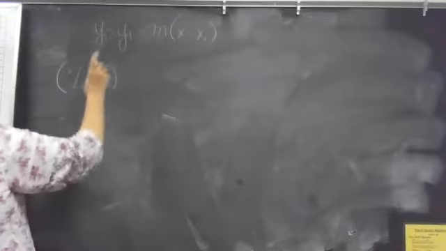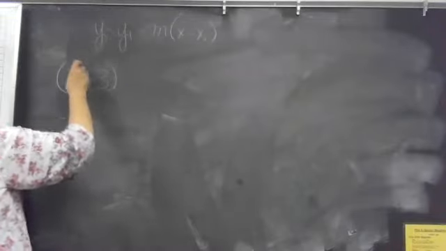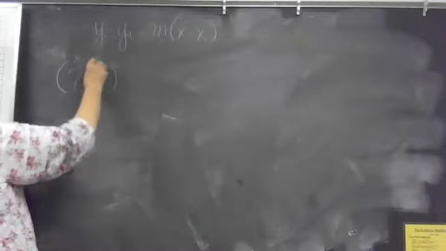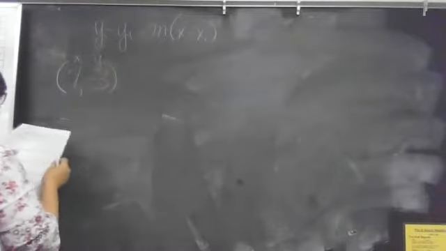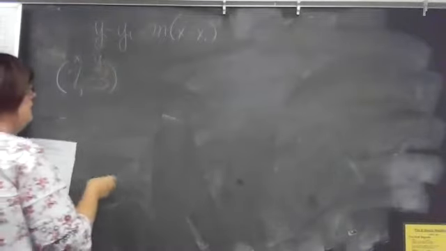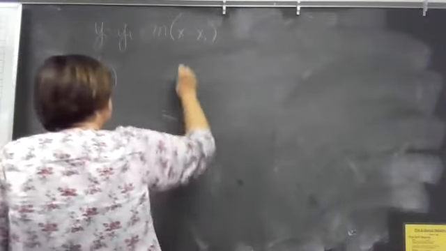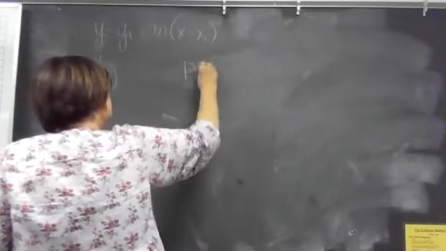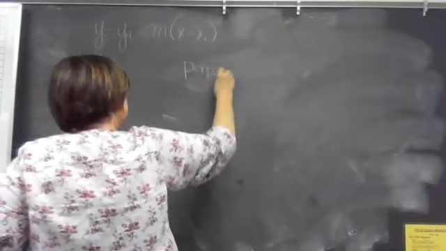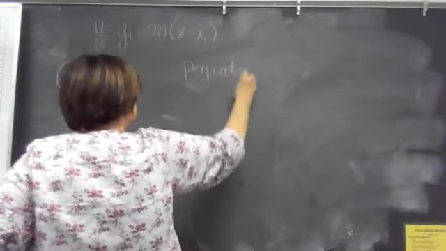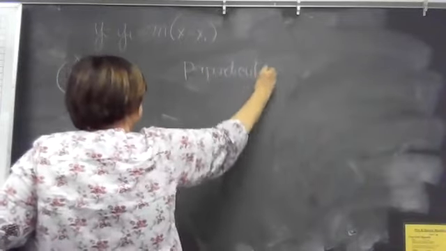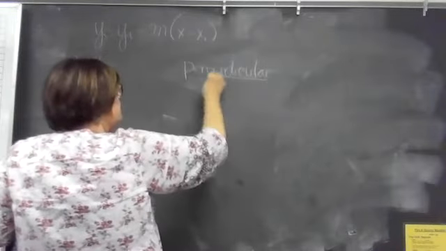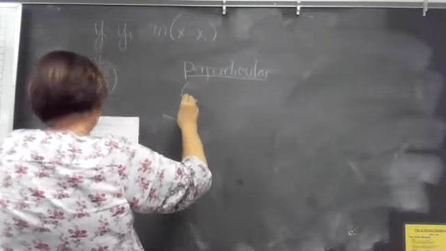They said, write the equation of a line that passes through this point right here. So this is our x1 and our y1. Now the other part is what's confusing. It says, I want this line to be perpendicular to another line that goes through these points.